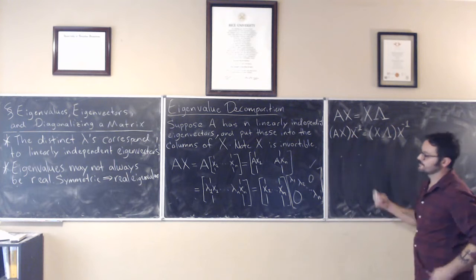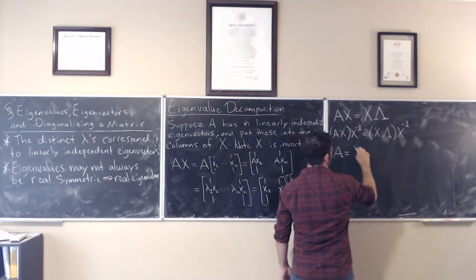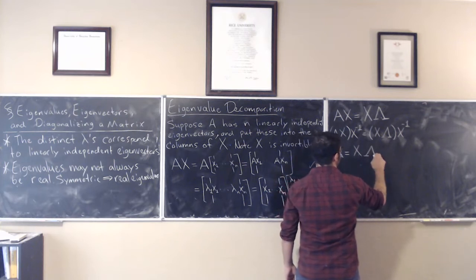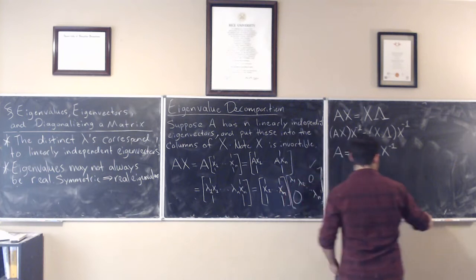Oh, x times x inverse, we're just left with A. So A is equal to X lambda X inverse.